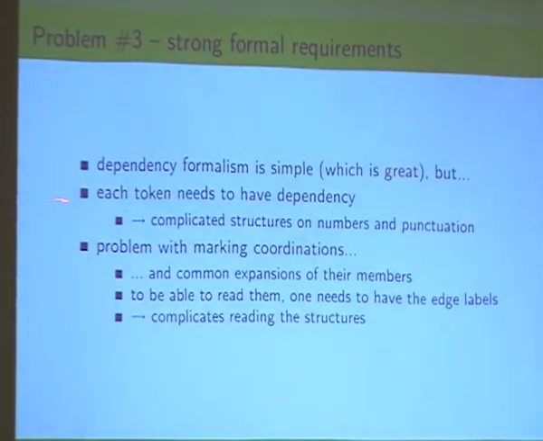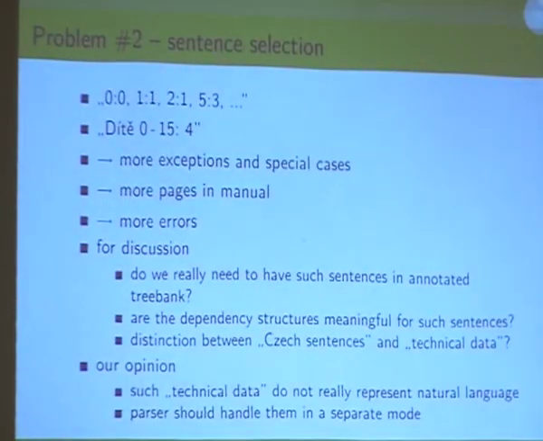For example, there is a requirement that each token needs to have a dependency, and each punctuation mark and each number is a token, which means that the formalism induces complicated structures on sequences of numbers and punctuation.